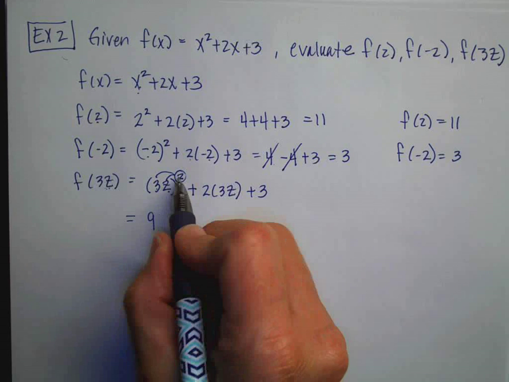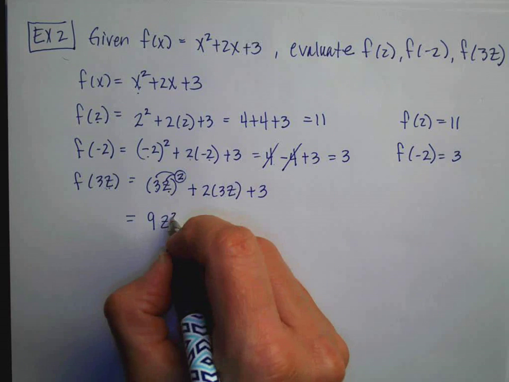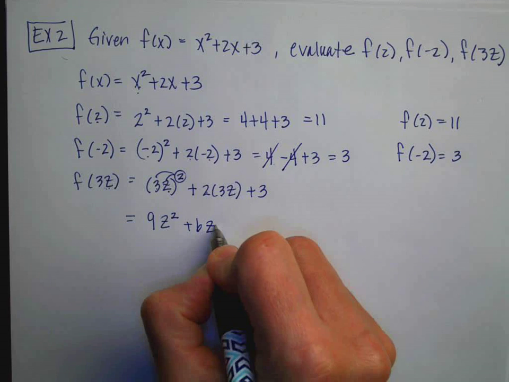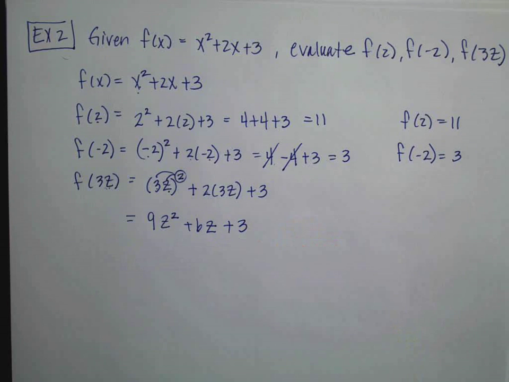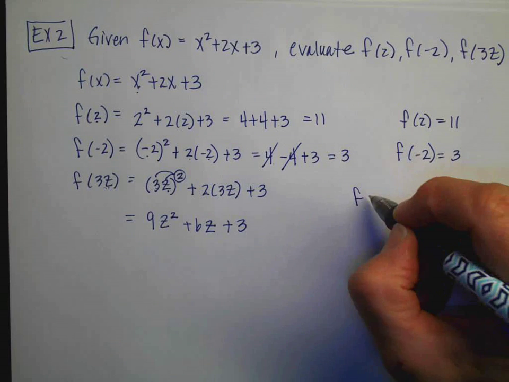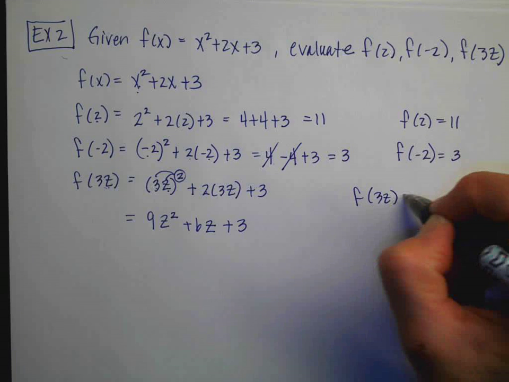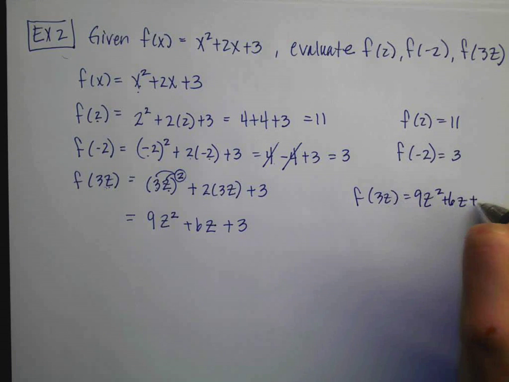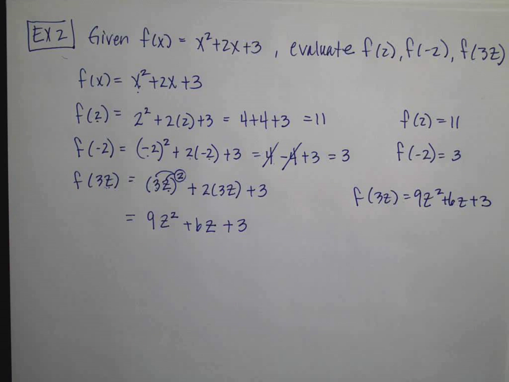So 3 squared is 9, z squared is just z squared. 2 times 3 is 6. There's the z plus 3, and then I would report my answer. F of 3z is 9z squared plus 6z plus 3.